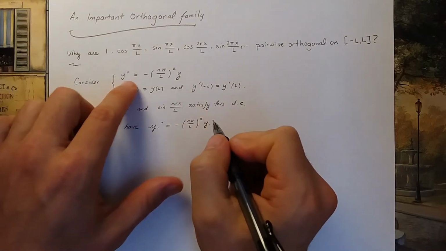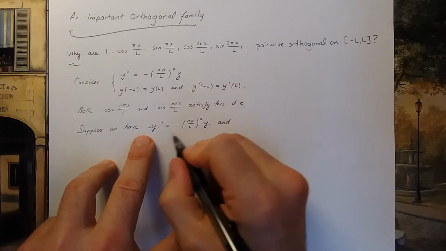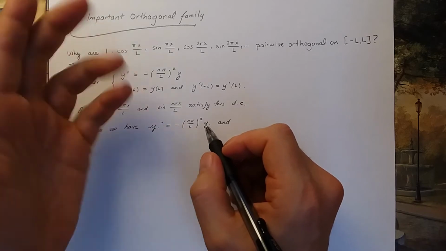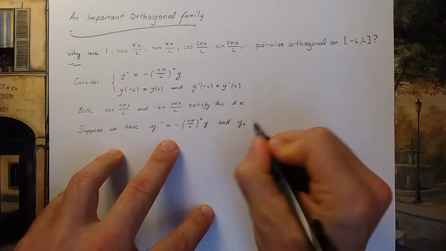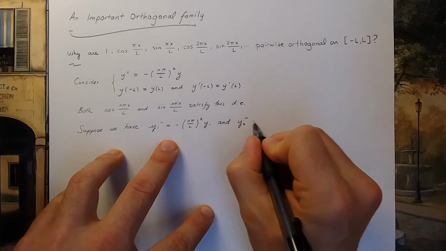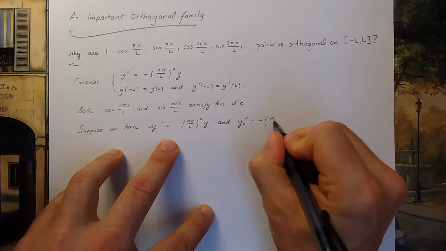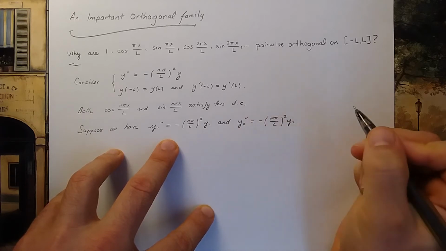So y1 is a solution to this differential equation. And similarly y2, but for y2, I'm going to not have n, but possibly a different constant, m. So y2 double prime is equal to negative m pi over L squared y2.